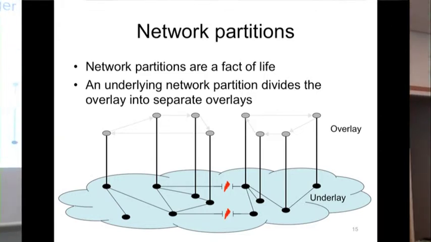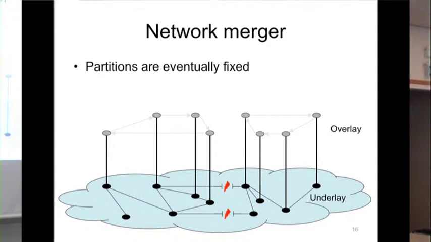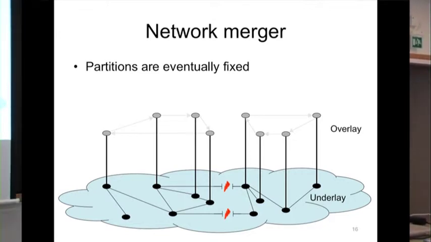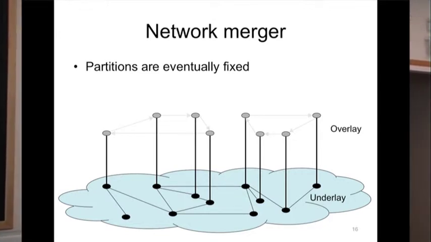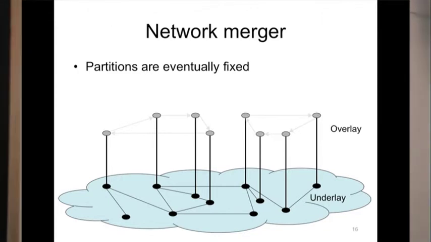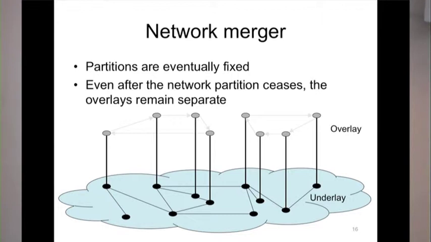But someone is going to notice that there was a partition and fix it, or if it's an autonomous system, the partition will eventually be fixed. Right. So what happens then is that even though the network is fine now, the overlays still remain separate. Ideally, what we want is that once the partition heals, we should also merge the overlays into one.